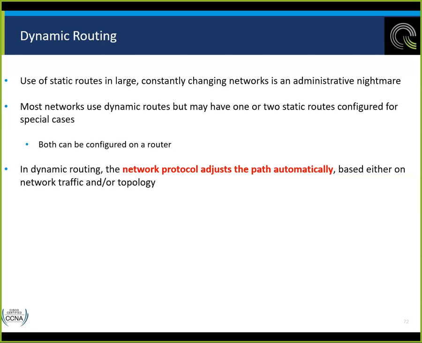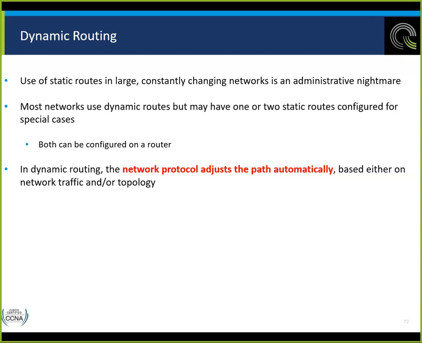With EIGRP, network traffic will make a difference because its metric is bandwidth and delay, so it will adjust the path if there are alternate paths available. If we change the topology, add a network, remove a network, an interface goes down, or an interface comes up, the changes are going to take place.